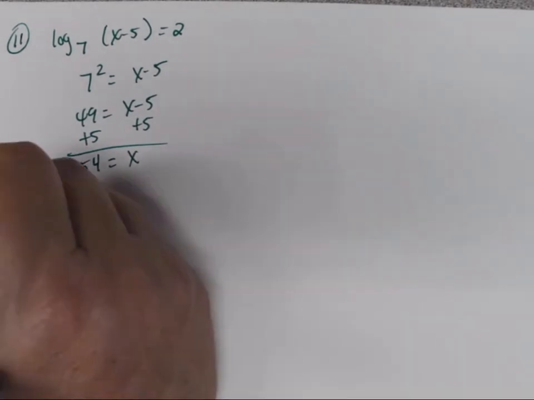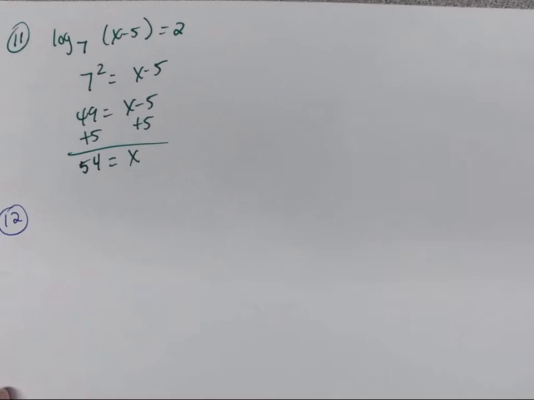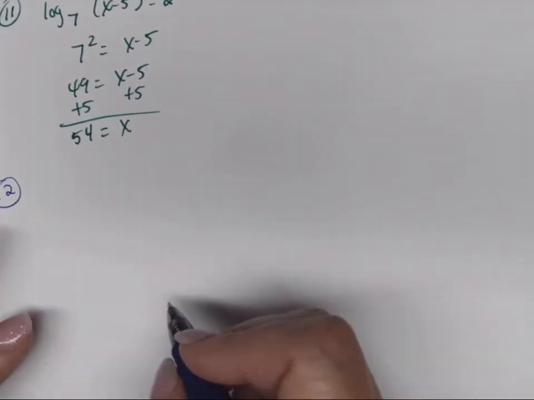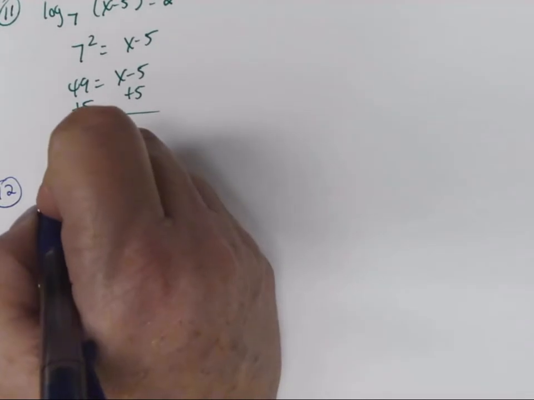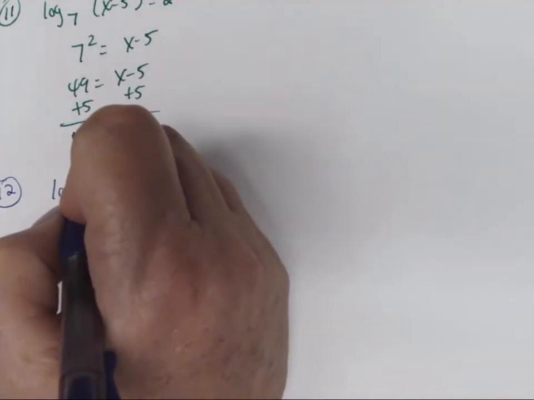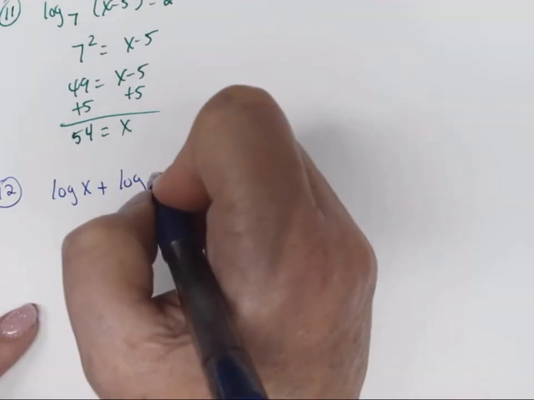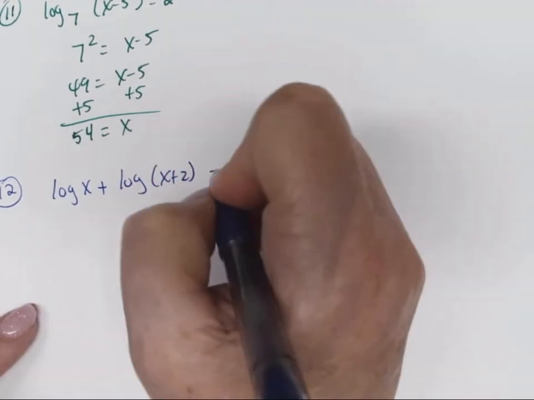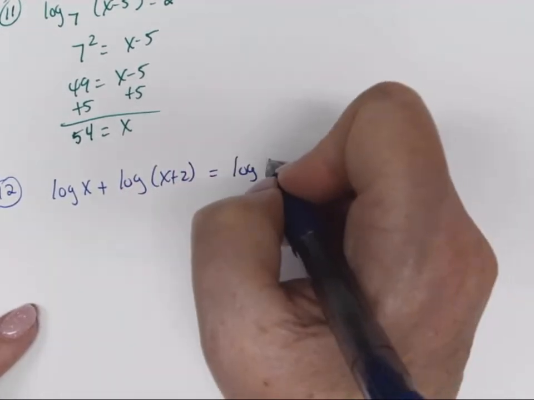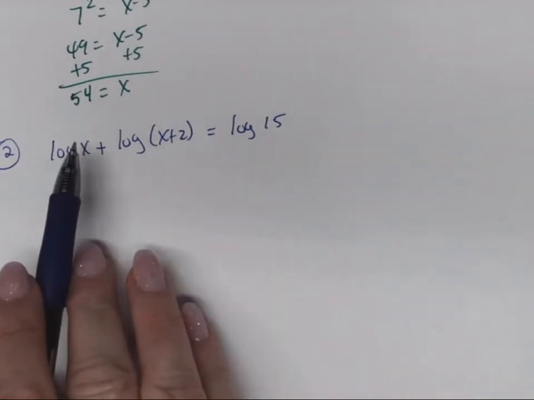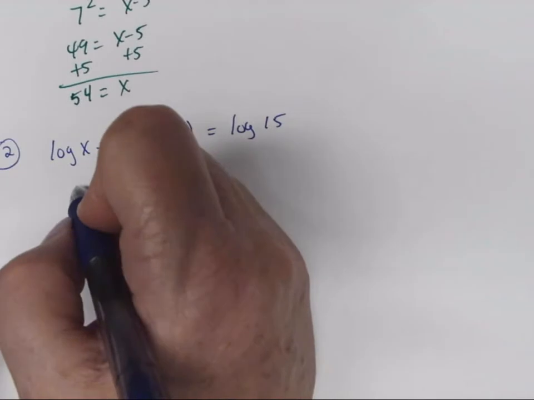All right, number 12. Number 12 says to solve the logarithmic equation, and again give the exact answer. We're given log of x plus log of x plus 2 equals log 15. All right, so the first thing we need to do is combine these together.